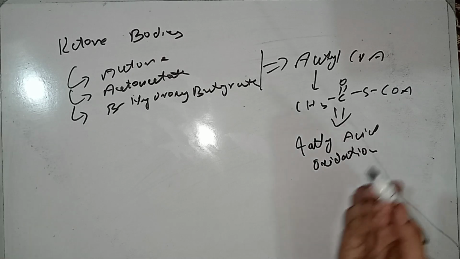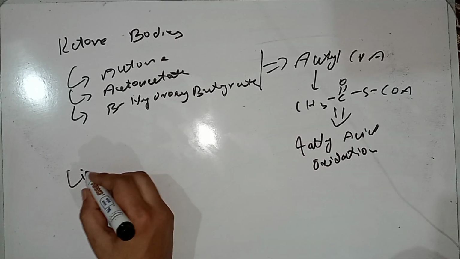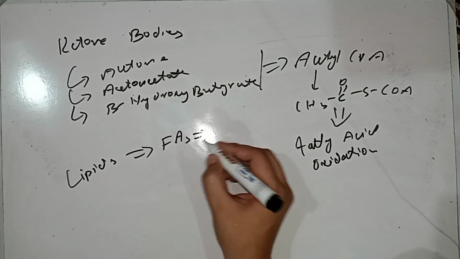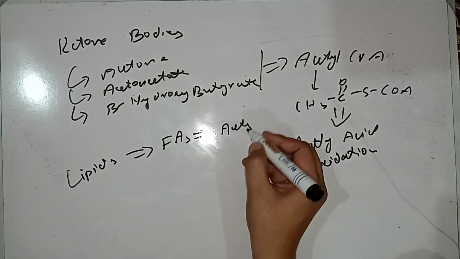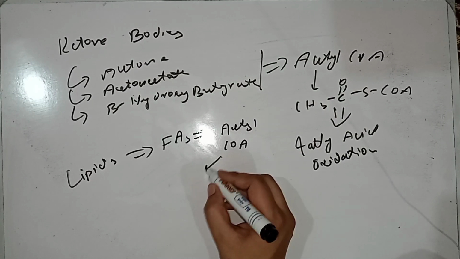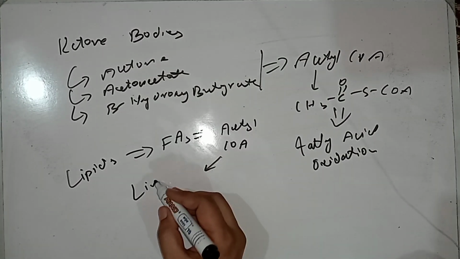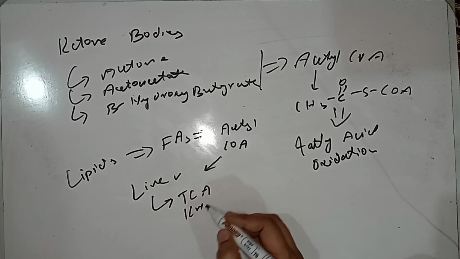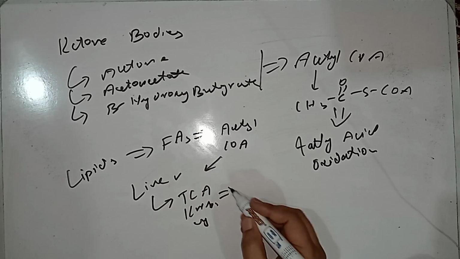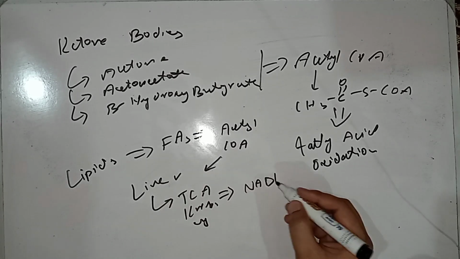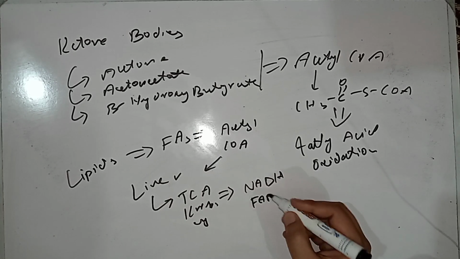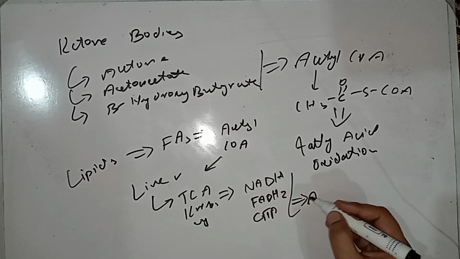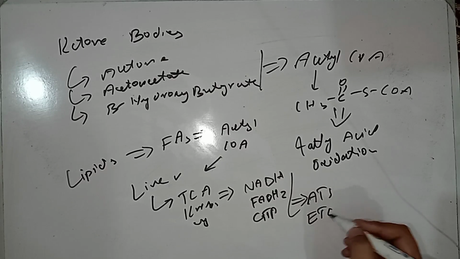When the body breaks down lipids, they are broken down into fatty acids, and these fatty acids are broken down into acetyl CoA. This acetyl CoA goes to the liver and enters the tricarboxylic acid cycle or Krebs cycle, where it is converted to NADH, FADH2 and GTP, which yield energy in the form of ATP on the electron transport chain.